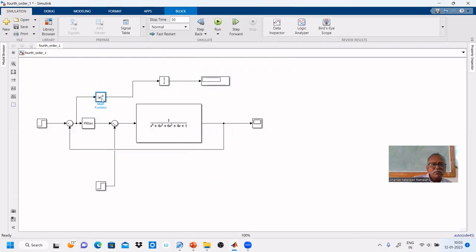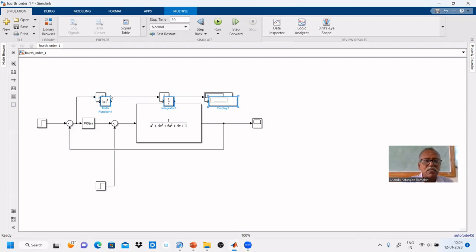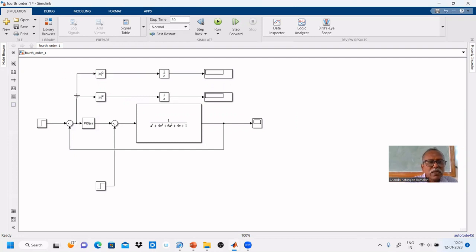I want integral absolute error also. So what I have to do is copy these 3 components, copying and pasting them. I have to connect, and here also I give the error.